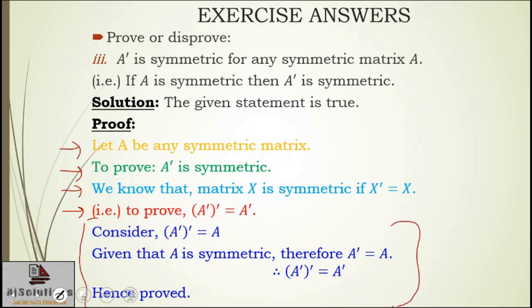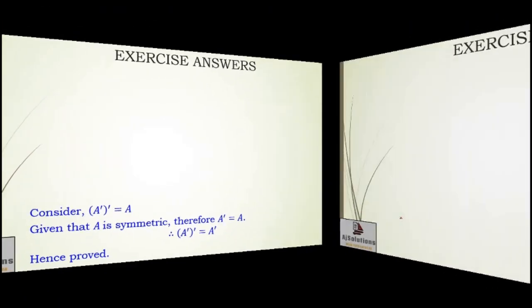This is the most important step of your proof, but the other 4 steps are equally important. If you are not aware of the first 4 steps, what to do, how to start, you can't prove the statement. Okay, so let's proceed to the next problem.